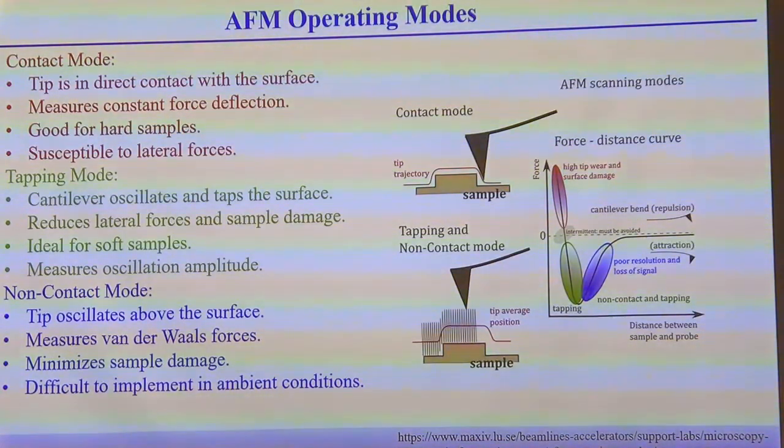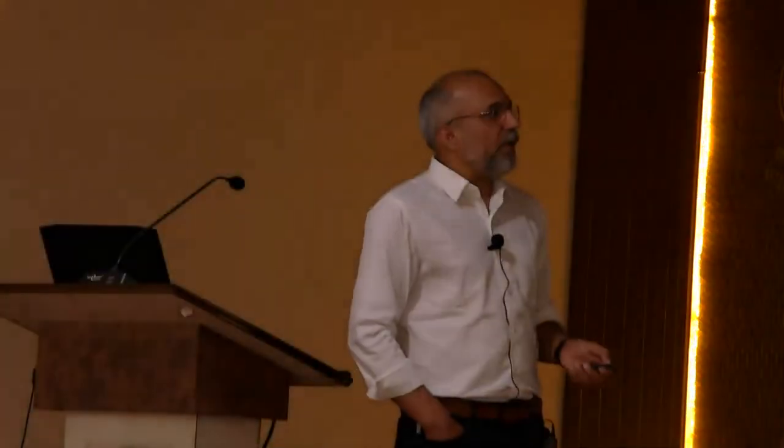Third one, non-contact mode. In this case also, the tip oscillates above the surface, and it measures van der Waals forces. It minimizes sample damage, but it is difficult to implement in ambient conditions. So the first two, contact mode and tapping mode, are very common for your sample analysis.